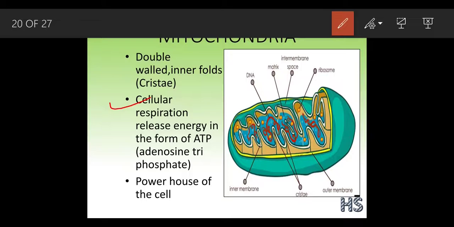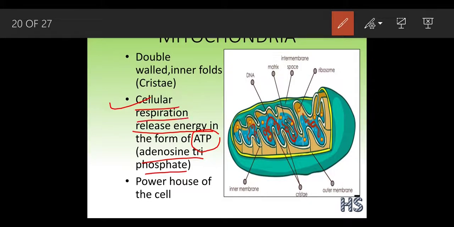Cellular respiration, what does that mean? We humans put a lot of effort into any work we do. Whenever we put in effort, at that time we release energy, okay. That energy release is in the form of ATP, that is adenosine triphosphate, okay.